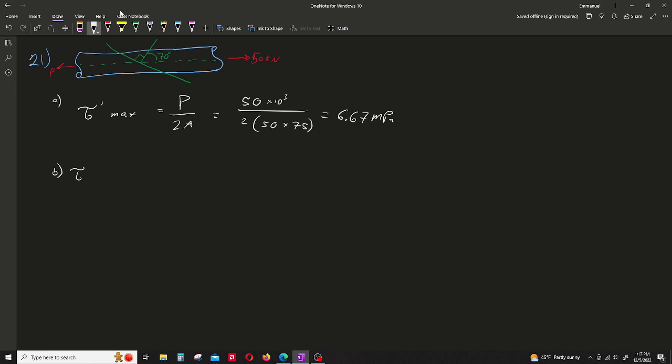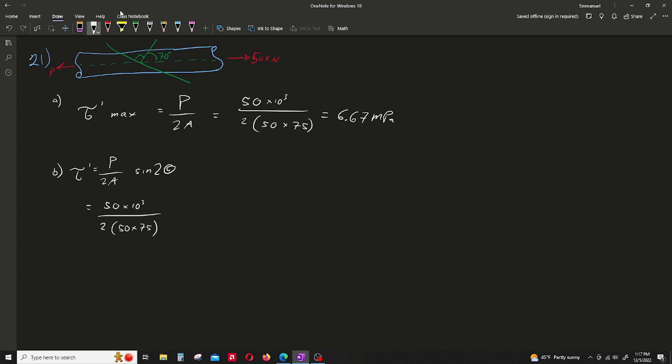And so therefore our tau is going to equal P over 2A sine 2 theta, which will get 50 divided by 2, area was the 50 times 75 millimeters, right?